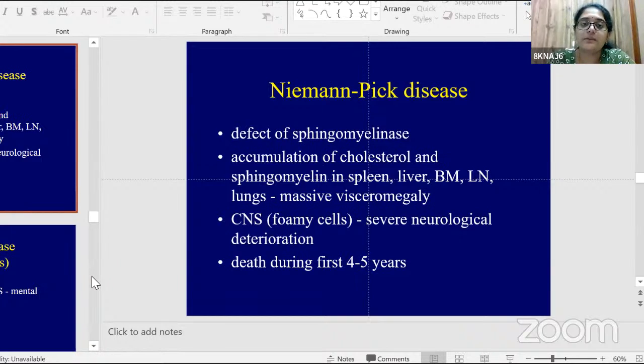But sometimes one person in a family has a problem with the child, but they are not willing to tell that person's sibling so that they can go for carrier testing or pre-symptomatic testing.